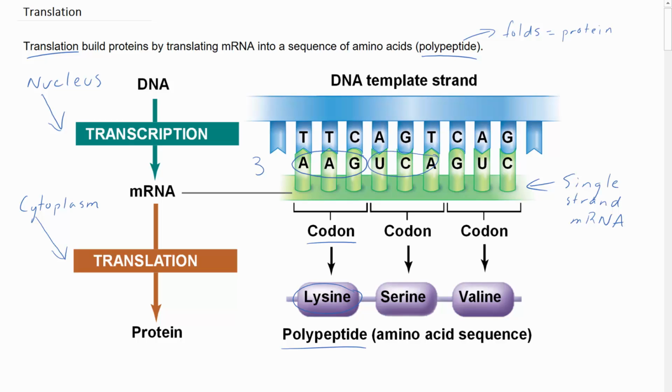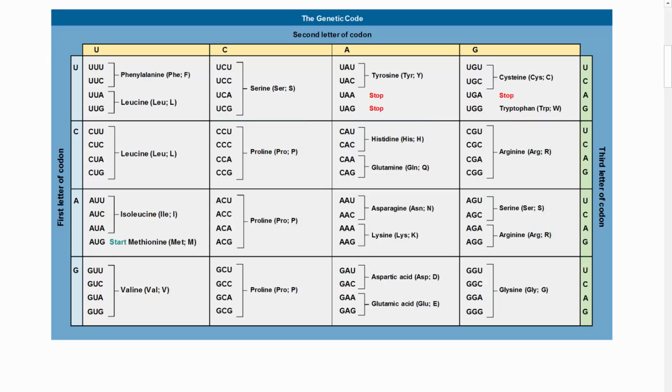UCA codes for serine, and GUC codes for valine. And in this way, mRNA is used to code for these individual amino acids that then bond together to form your polypeptide.